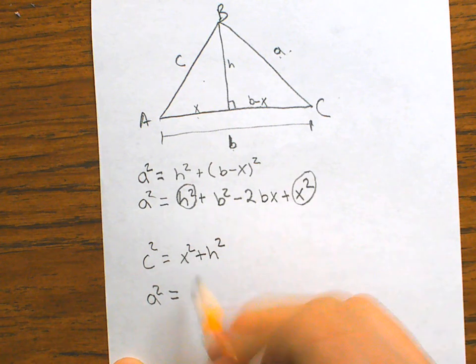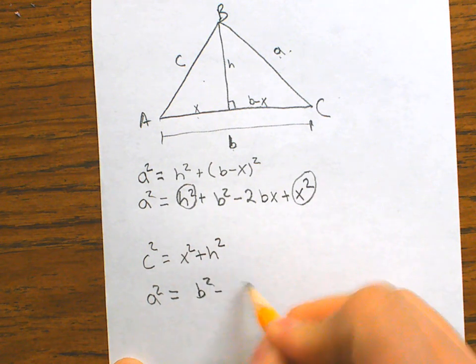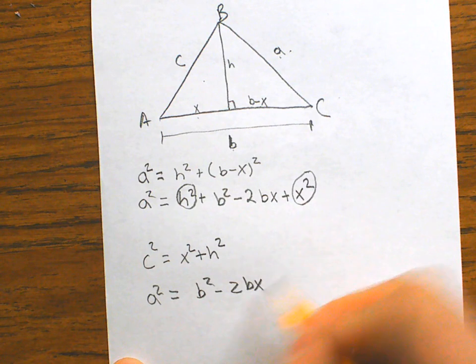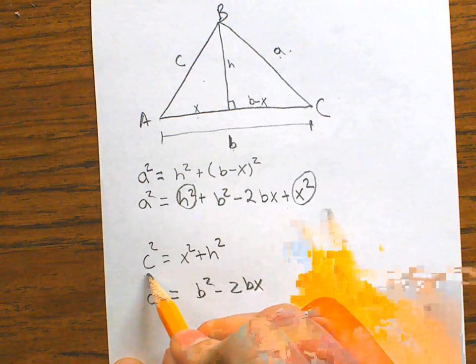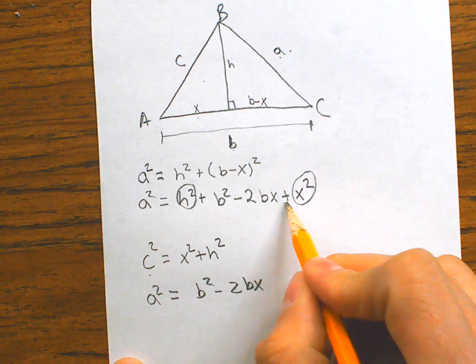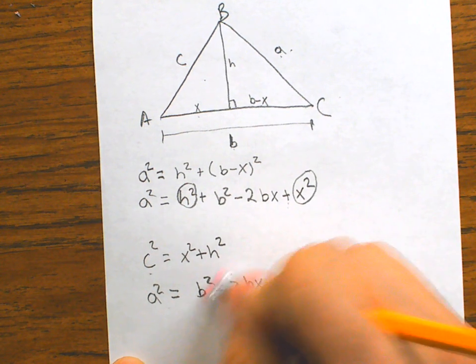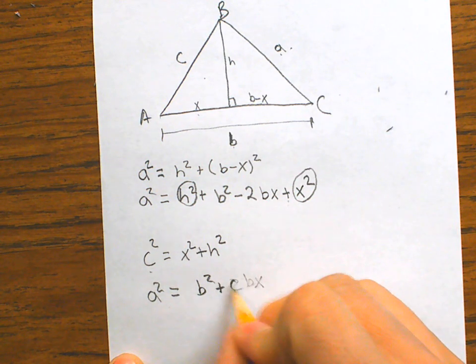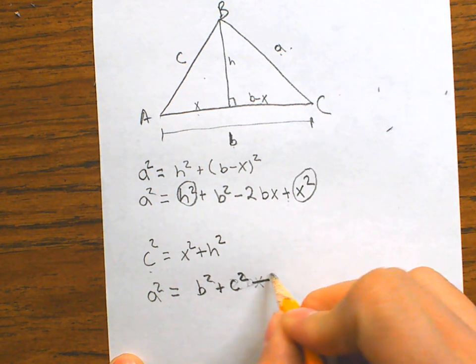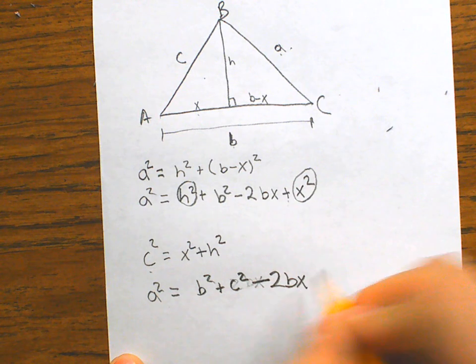I'm going to put my b squared minus 2bx, and replace the x squared plus h squared with c squared, because of that plus. So I'm going to replace that with the c squared right there minus 2bx.